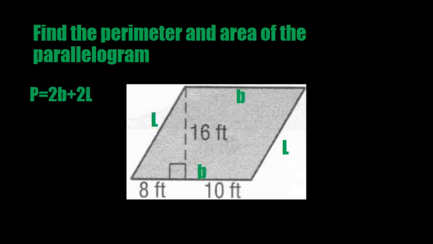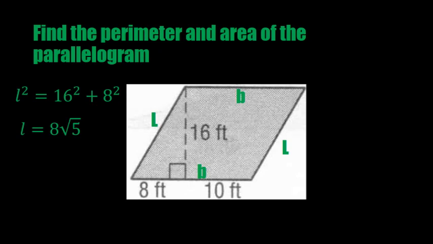Then it asks you to find the perimeter. So what you would do is use this right triangle right here and use the Pythagorean theorem with 16 and 8 to find that. So you would have 64 plus 256 is equal to x squared.